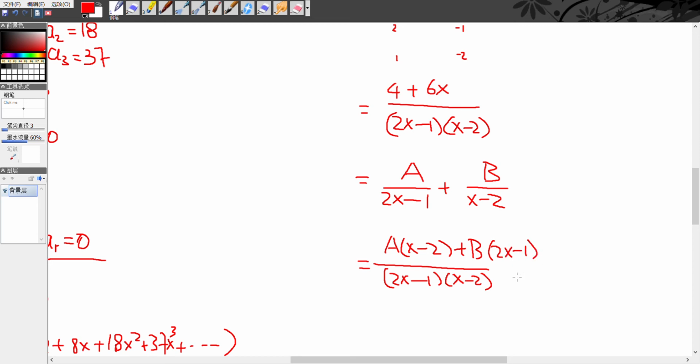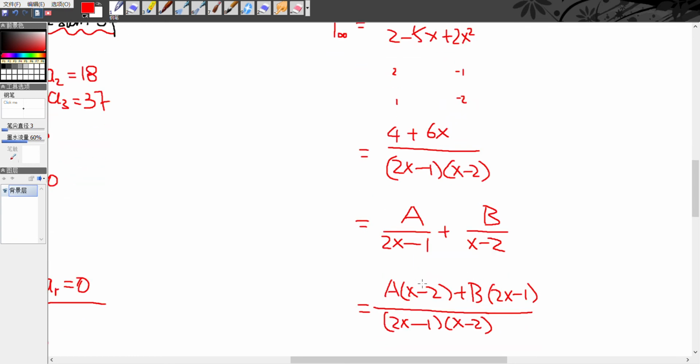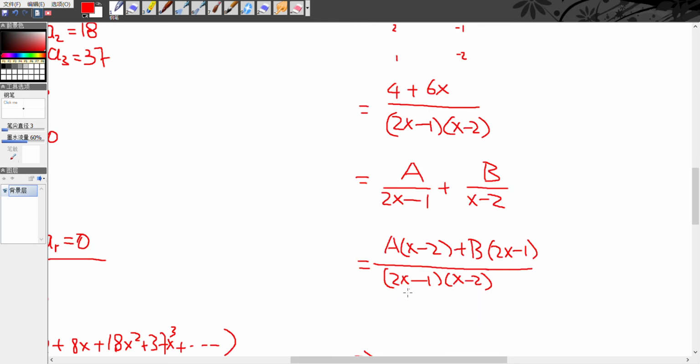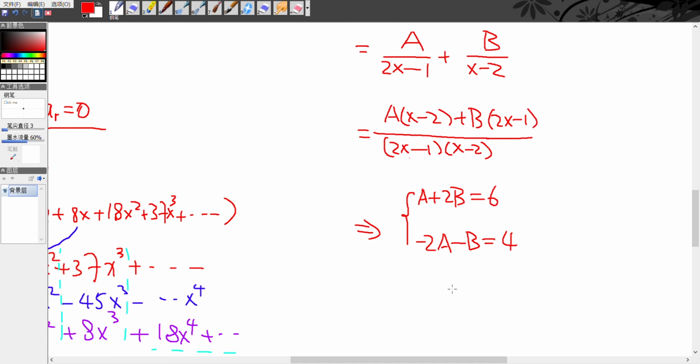By matching all the coefficients on the numerator, we have A plus 2B is equal to 6, and negative 2A minus B is equal to 4.